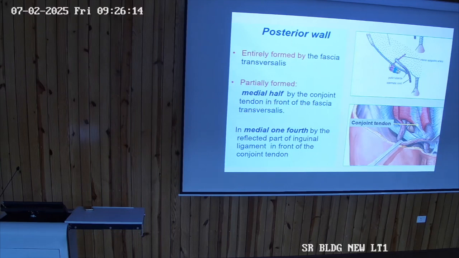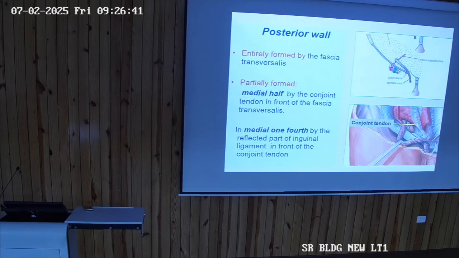So this is the conjoint tendon. What is the conjoint tendon? From where is it coming? Some of the fibers of internal oblique and transversus abdominis form a combined tendon which is attached to the pubic crest. You can see these are the fibers. So partially they will be reinforcing the posterior wall.